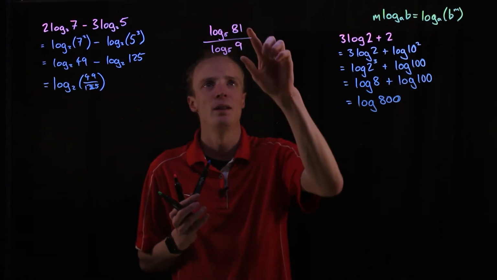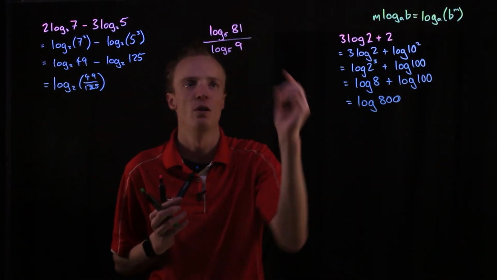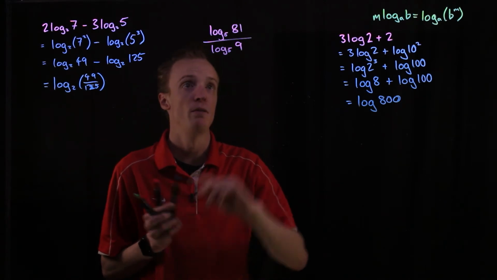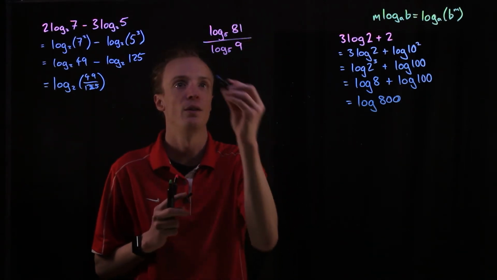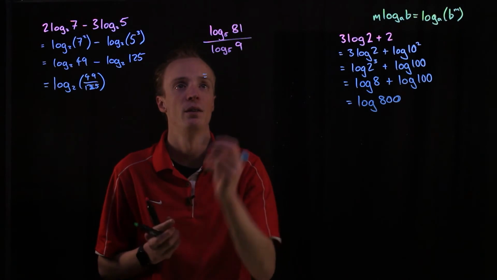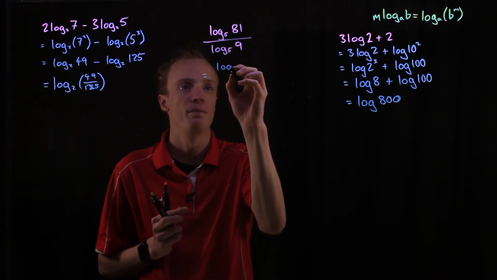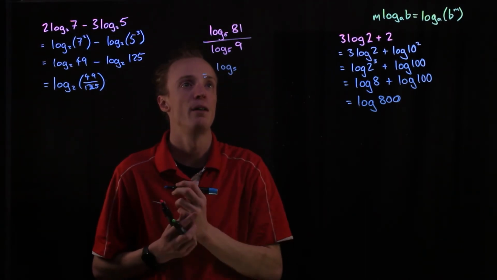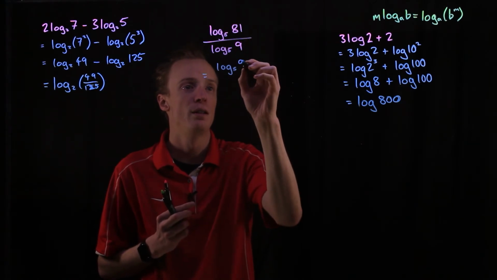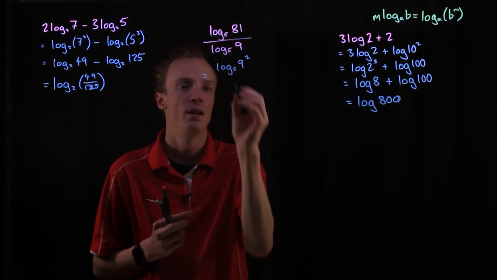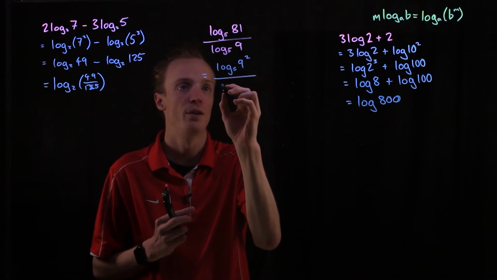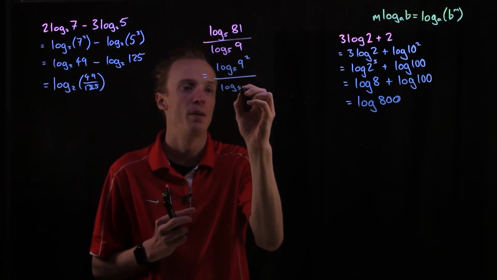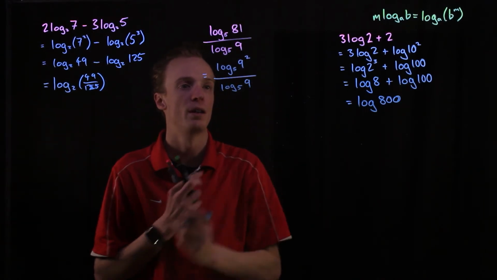Now, 81 can be rewritten with a base of 9, so we can rewrite this to be the logarithm base 5 of 9 squared, over the logarithm base 5 of 9.